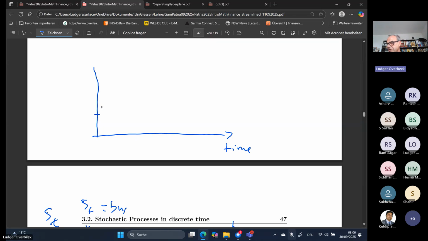At time 0, you will get this one. Now you have a function. At time 1, this would be your payout, and so on.